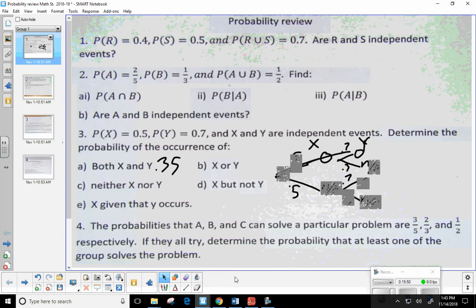Okay, so now I'm looking for the probability of X or Y occurring. So here both can occur. 0.5 times 0.7, you would multiply those, right? So then it'd be 0.35, and then another point. 0.5 times 0.3 is 0.15.